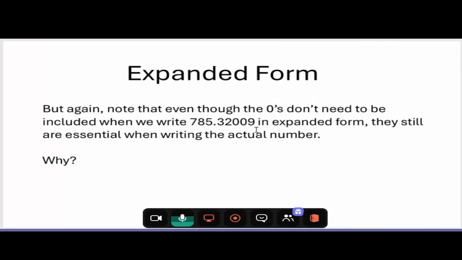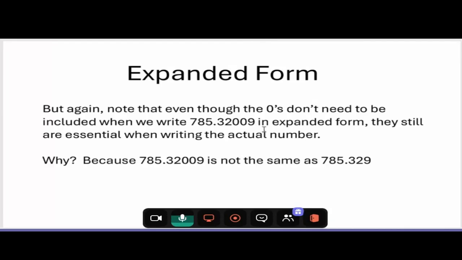Why are they essential? Well, because this number here, 785.32009, is not the same as 785.329. You can't just not write the zeros. Those are different numbers. So the zeros are absolutely essential to write in the number, but in expanded form, they don't matter.